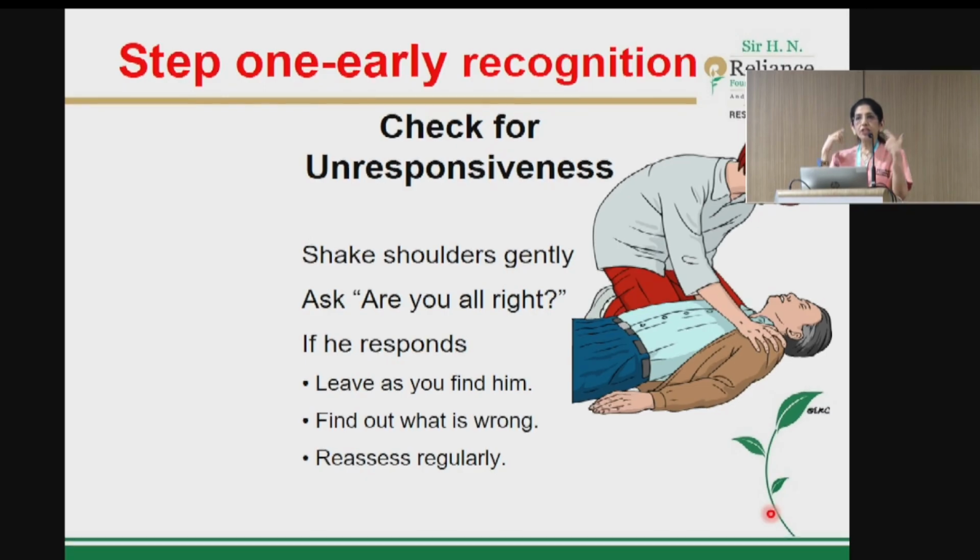If the patient's hearing is slightly on the lower side, then you have to be very, very audible. So tap loud on the shoulder. Sir, are you okay? Are you okay? Like that, you tap on the shoulders, not anywhere else, not on the face, not on the neck, because we want to avoid movement of the neck if there is a suspected cervical spine injury. That is why tap on the shoulder.